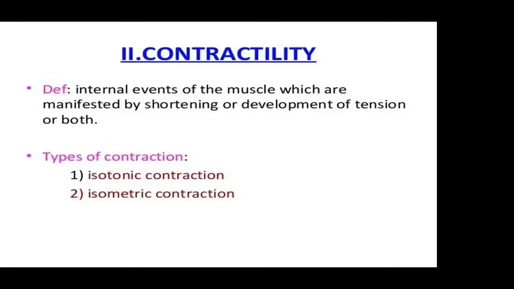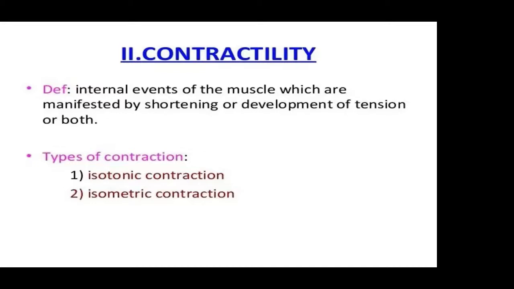And the chronaxy, when you increase the strength of the current to twice the rheobase, the time taken by the tissue to respond to that current twice the rheobase is the chronaxy. So chronaxy, rheobase, and utilization time.